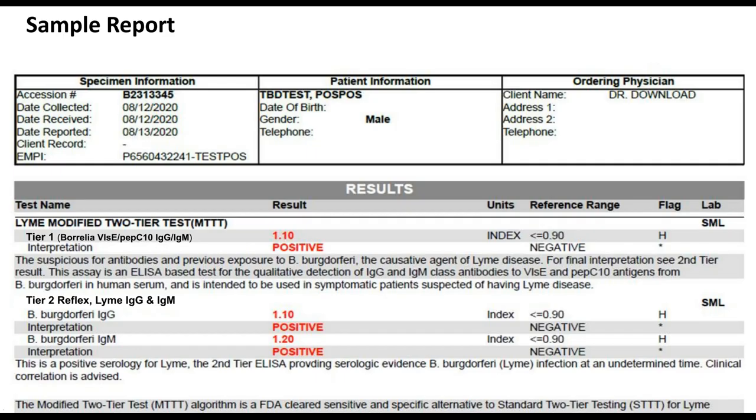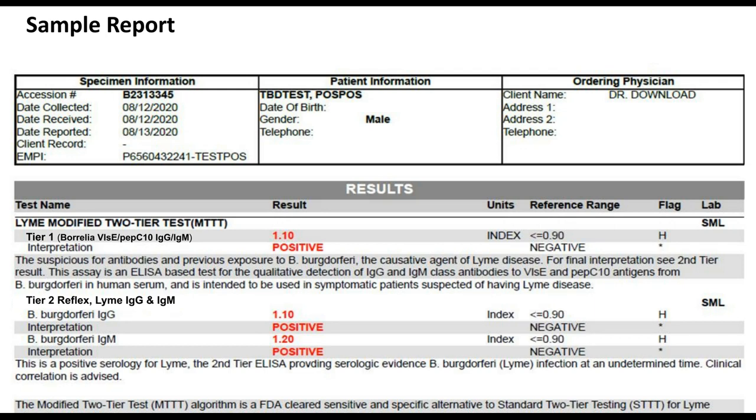So here's an example of an actual lab report that will leave our lab and go into the hands of an ordering clinician. You will see the name of the test under the word results in boldface capital letters, Lyme modified two-tier test, and in parentheses, MTTT. And under that, you will see tier 1.